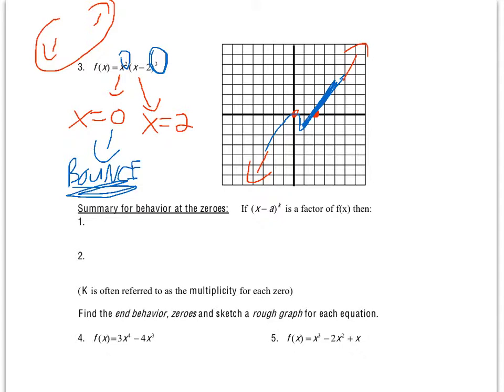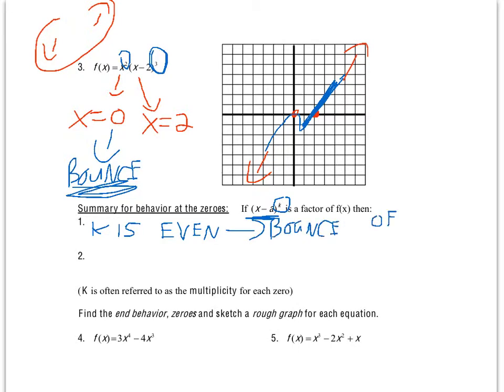So summary for behavior at the zeros. If x minus a raised to the k is a factor of f of x, this k is really important. We say if k is even, then there's a bounce. It bounces off the x-axis.